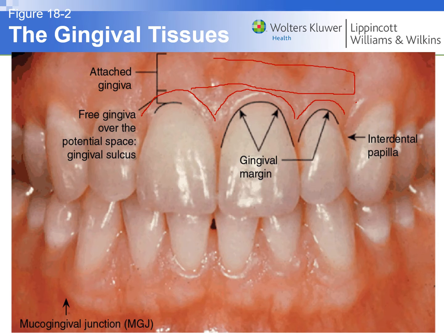Then this black right here is the gingival margin. We talk a lot about the gingival margin. This can be red if they have gingivitis, and if it's just on one tooth, we would say they have localized redness, meaning it's just in one little area, localized on tooth number 9.